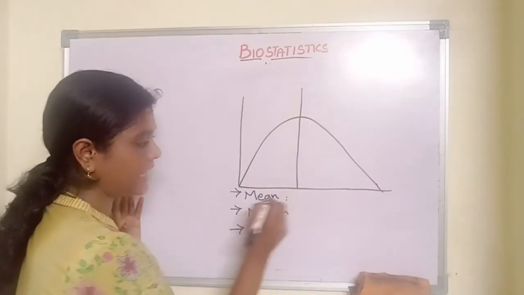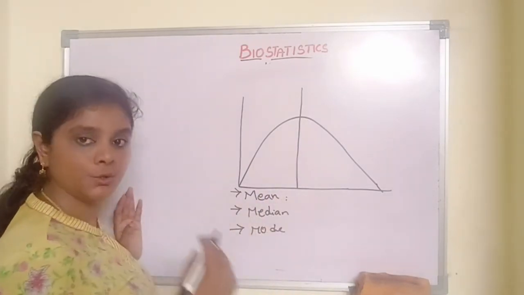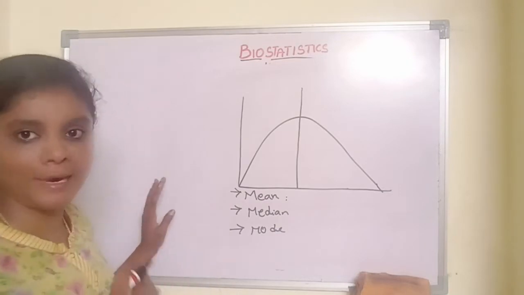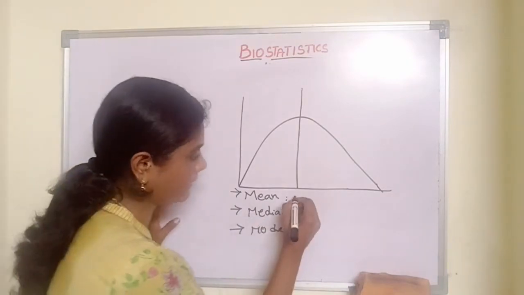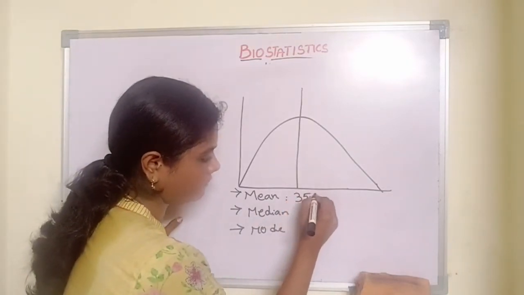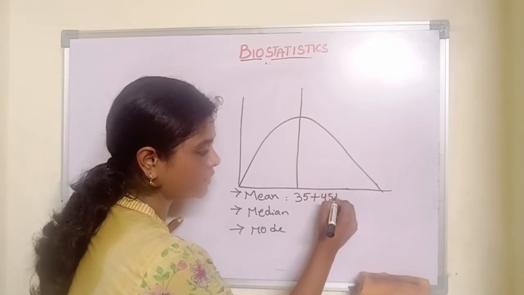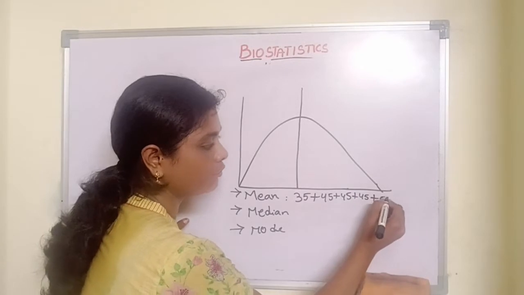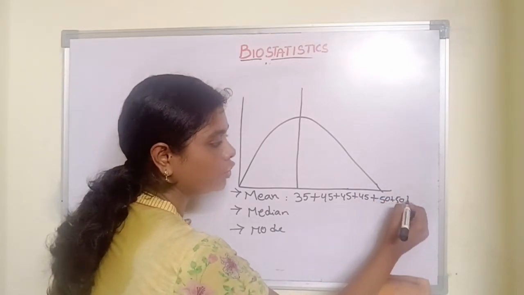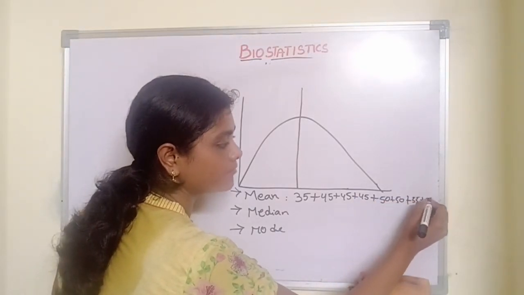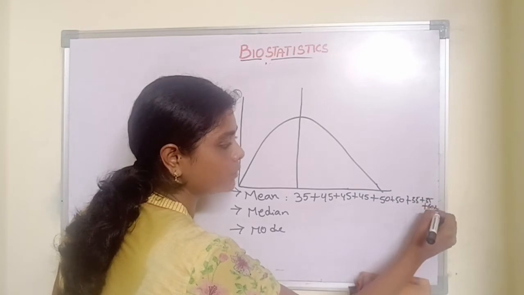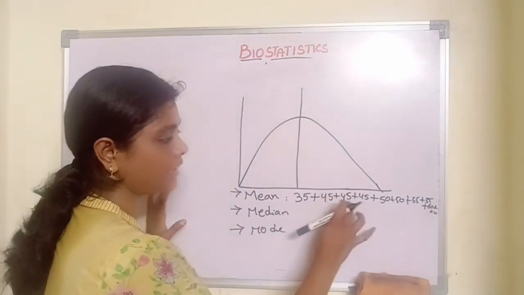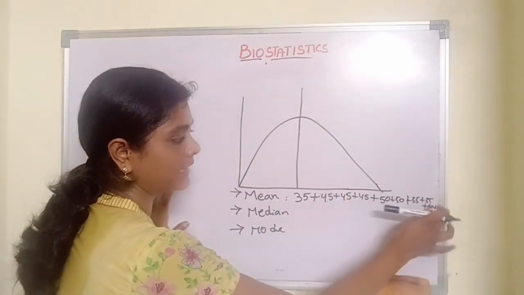So for example, if we are using the same marks achieved by those 10 students. What were they? So 35, plus 3 students got 45 if you remember. 2 50s were there, 2 55s were there, and 2 60s were there. 1, 2, 3, 4, 5, 6, 7, 8, 9, 10.